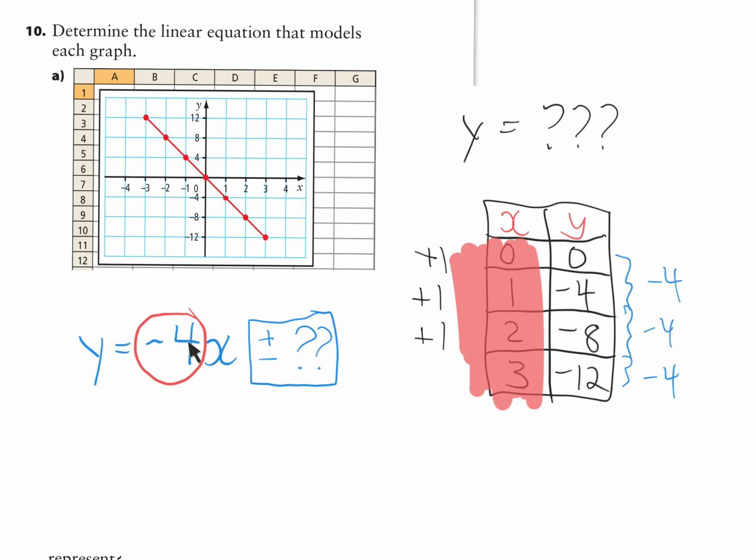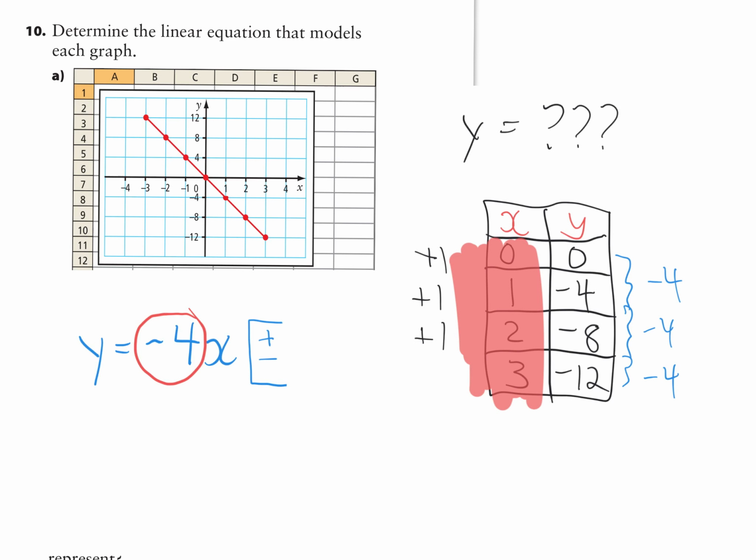Let's try another one. Negative 4 times 1 equals negative 4, right? So what's our y value? Ding, ding, ding, we got another one. Then we can probably try one more. If I throw a 2 in here, it's negative 4 times 2, which is negative 8. Another one. So in fact that's our answer.